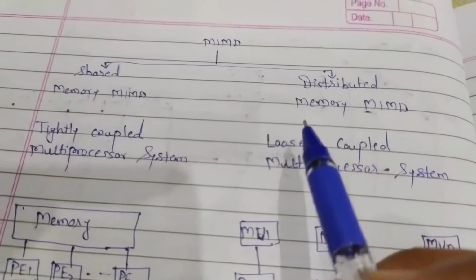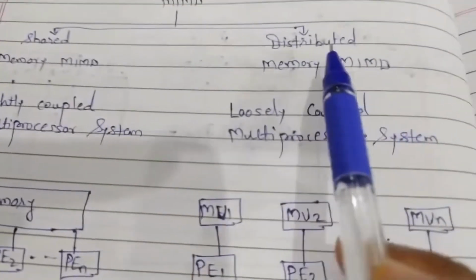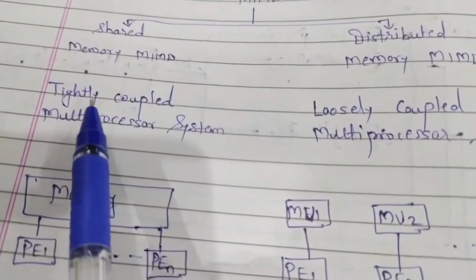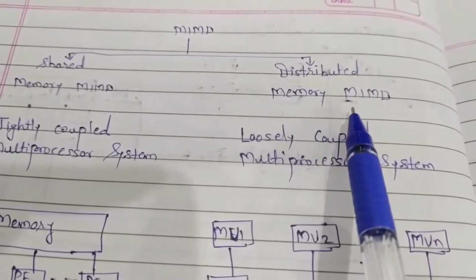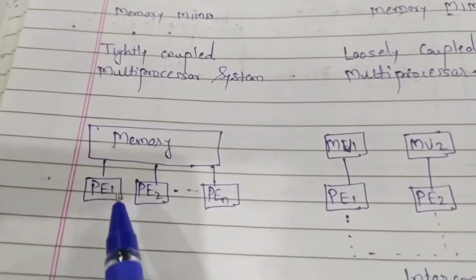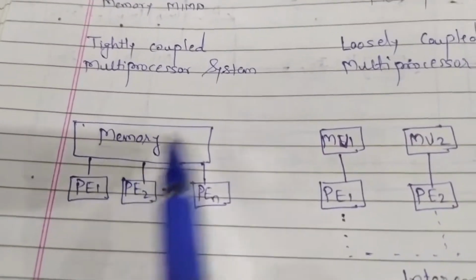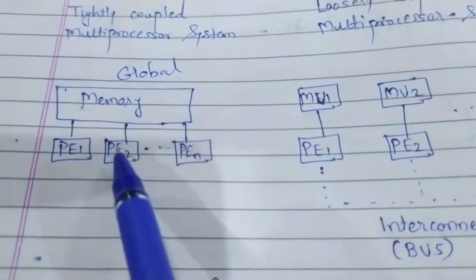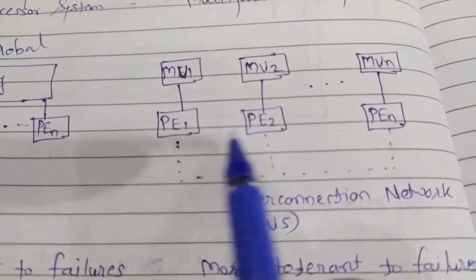The MIMD parallel system is again categorized as shared memory MIMD and distributed memory MIMD. Shared memory MIMD is also called a tightly coupled multiprocessor system, while distributed memory MIMD is also called a loosely coupled multiprocessor system. Now what is the difference? Here different processing elements share a common memory, or we can say a common global memory. The global memory is shared by all the processing elements, while here each processing element has its local memory.